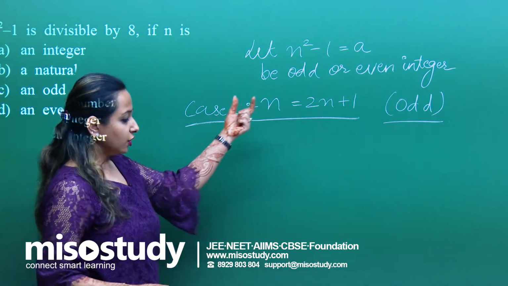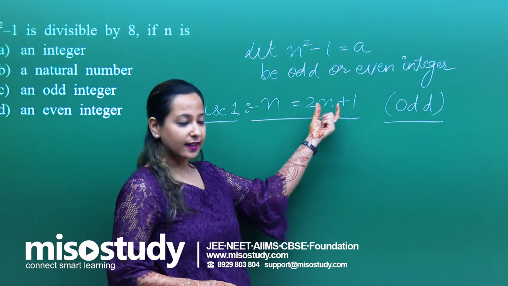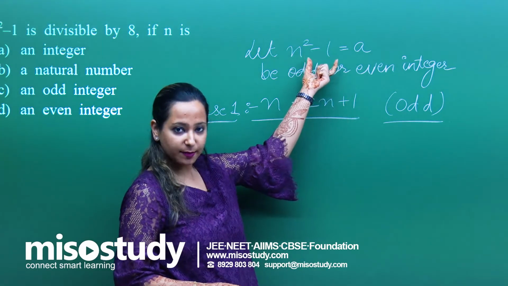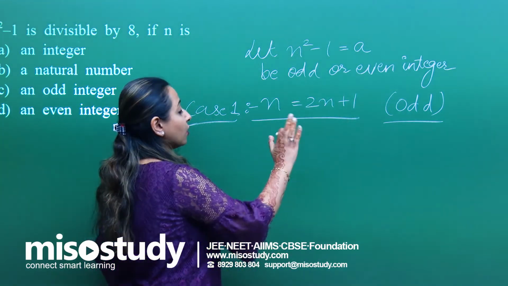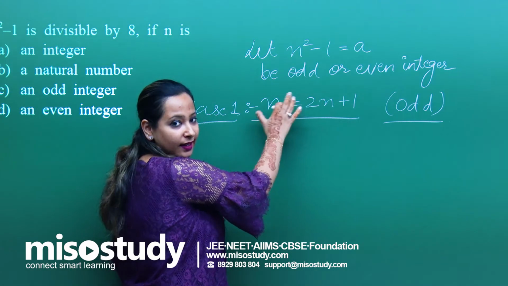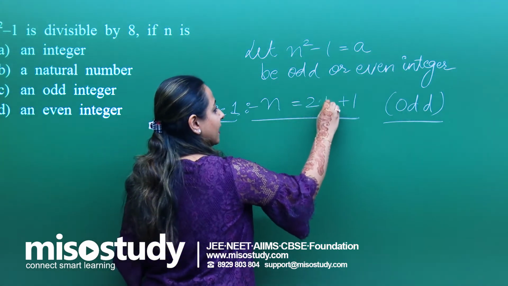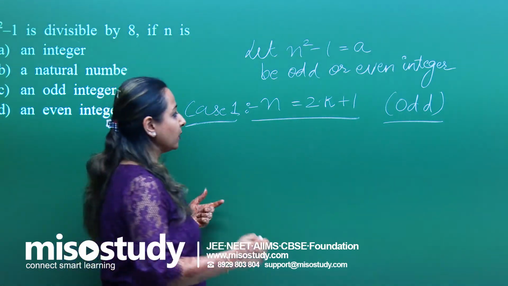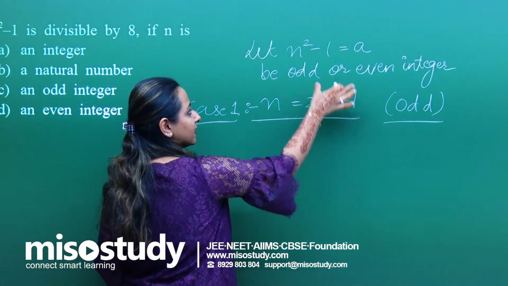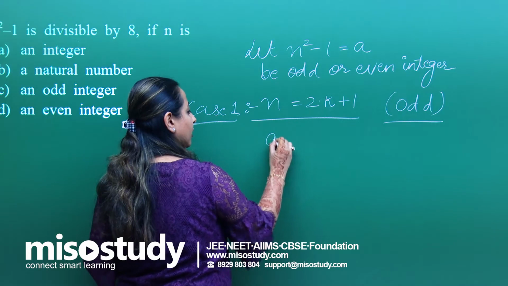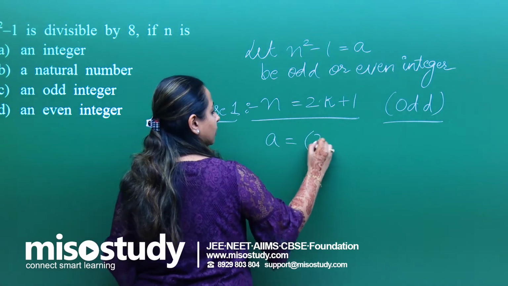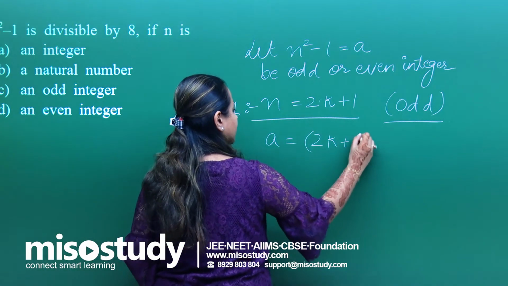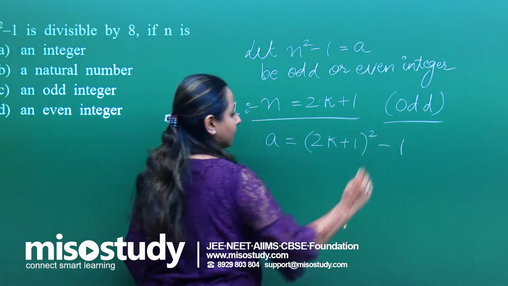Now let us substitute the value of n as 2n plus 1 in this expression. Since n and n are the same, we can take this n as k, so that we do not mix up the things. So we substitute this in the given expression. a will be equivalent to (2k plus 1) square minus 1.